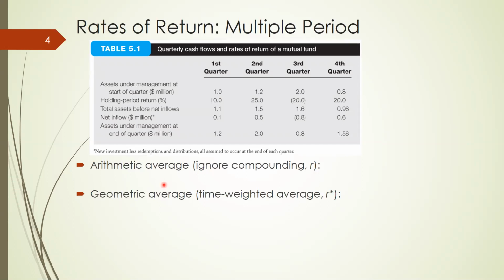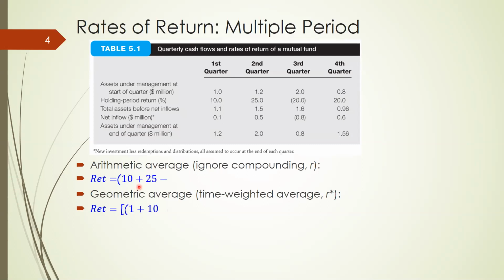So in this case, we want to calculate the average of 10, 25, negative 20, and 20. In contrast, geometric average return is a time-weighted average, which accounts for compounding across time. So we're going to compound using the realized return for each quarter, then find the geometric average return per quarter.